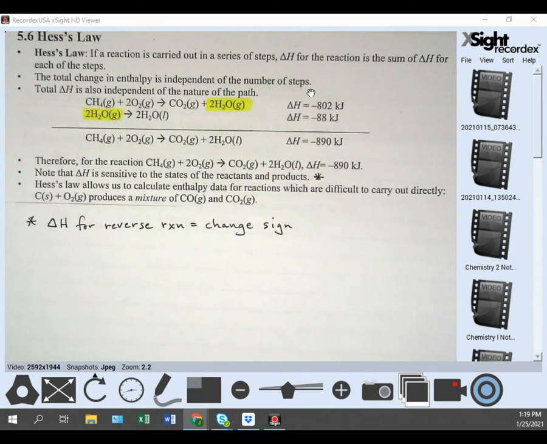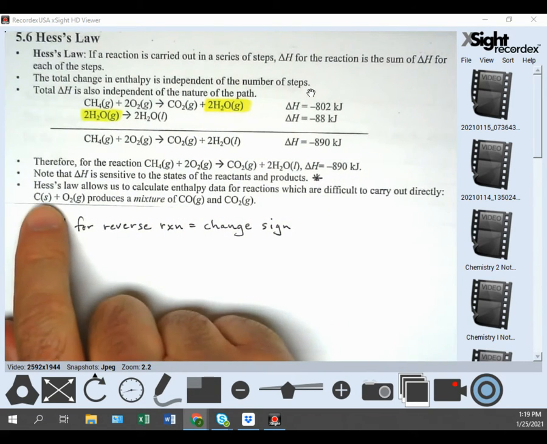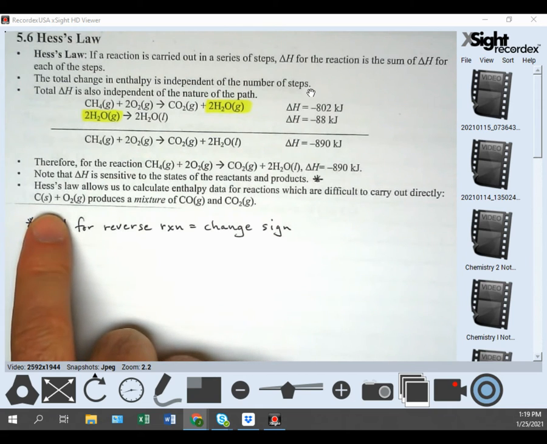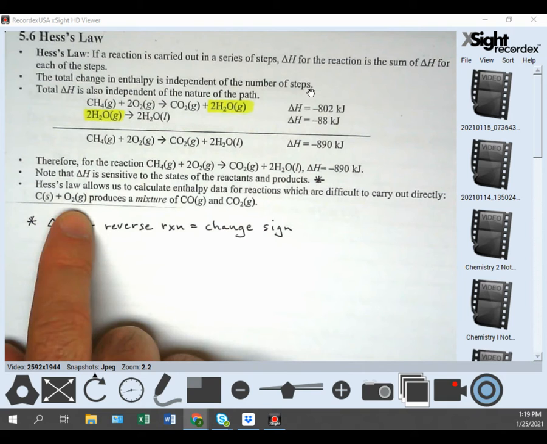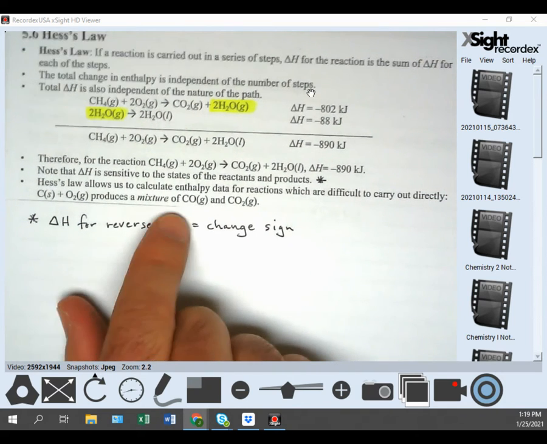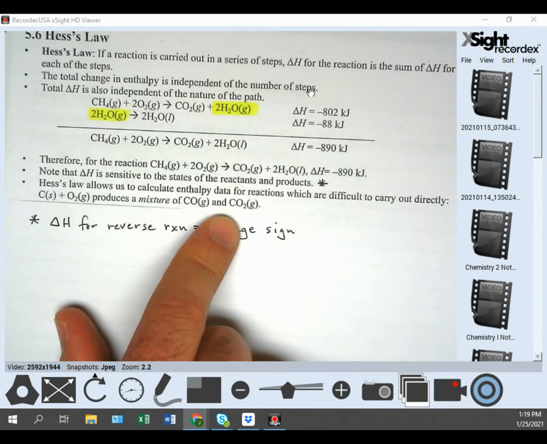All right. Hess's law allows us to calculate enthalpy data for reactions which are difficult to carry out directly. So it says there's carbon solid plus oxygen gas produces a mixture of carbon monoxide and carbon dioxide.